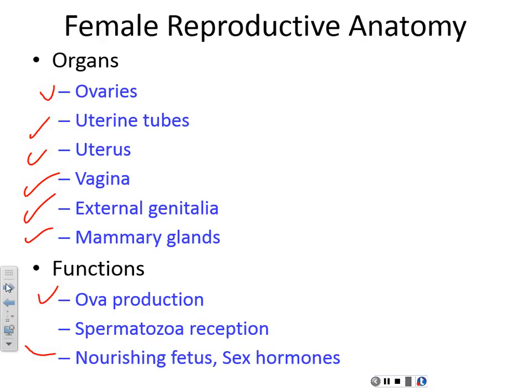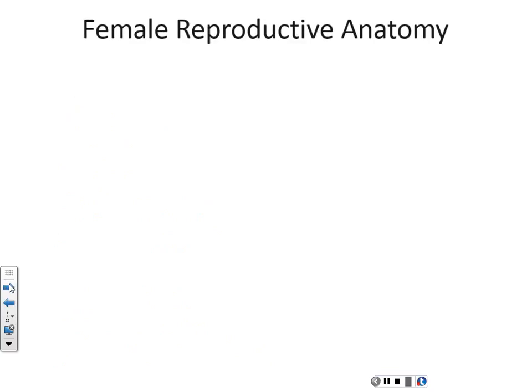Then produce sex hormones, of course, like estrogen and progesterone, which are responsible for the secondary sex characteristics of the female, and production of ovum. So you gotta know all these functions of the reproductive system, generally for both sexes, and specifically for males and specifically for females, because I will ask about some of that.